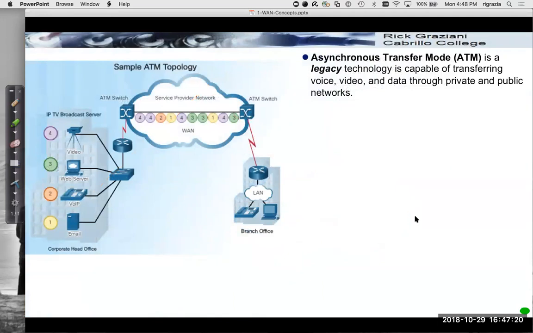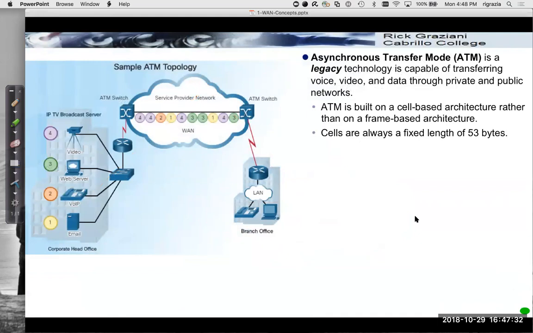Speaking of legacy technologies, I'm not going to spend a lot of time on this, but there was ATM, asynchronous transfer mode. It was built on using these small, 53-byte, fixed length cells. They thought if they were small and fixed length, the service provider network could actually move traffic around fairly quickly.